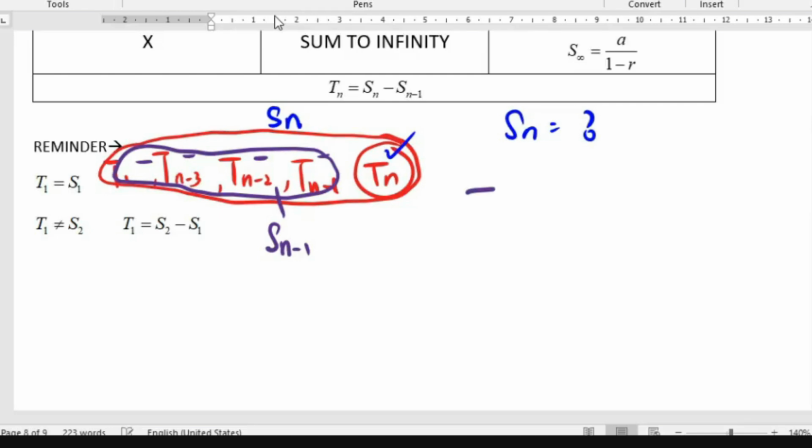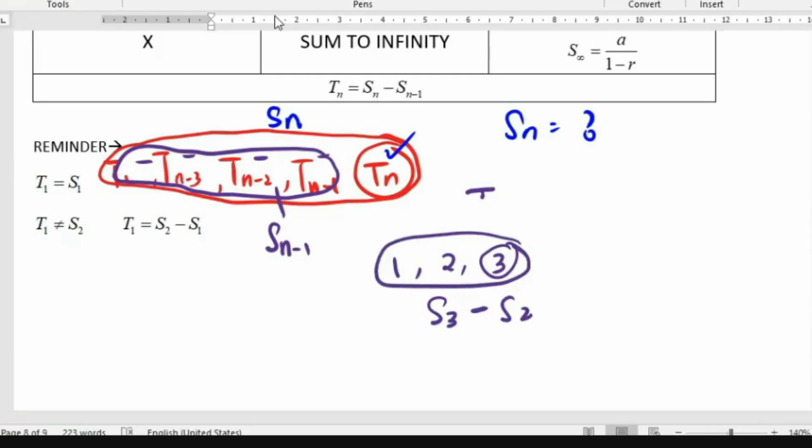For example, okay, this is the first term, this is the second term, this is the third term. I want the third term only. I can use S3 minus S2. So S3 is overall, these three things, minus these two. Okay, so you can see T3 is equal to S3 minus S2.